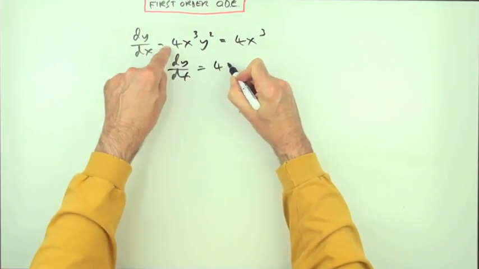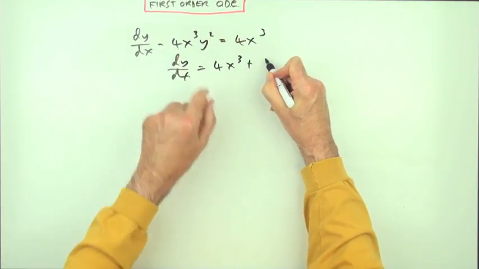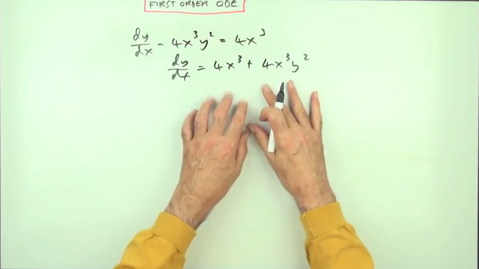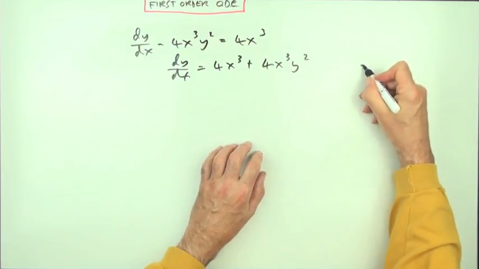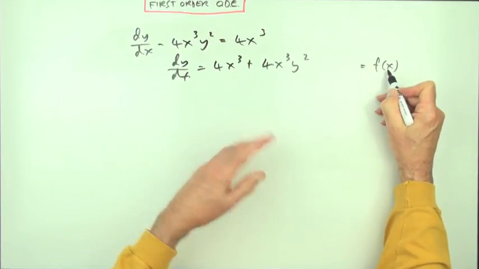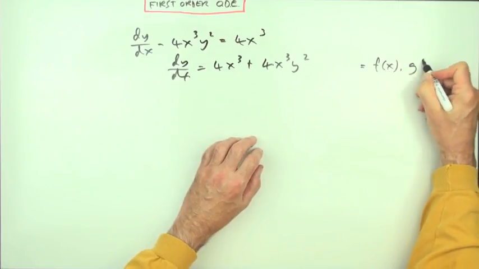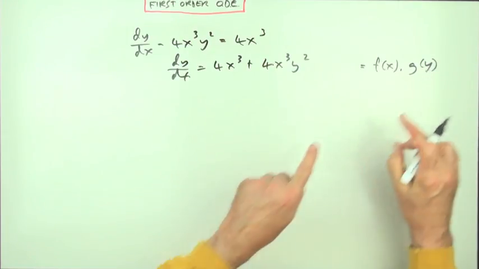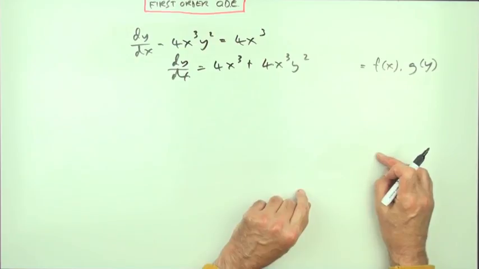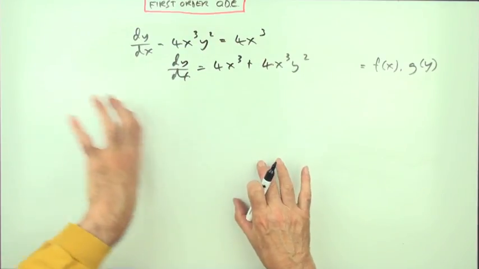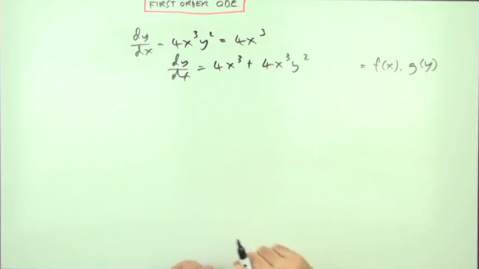So for instance, I could take that term over as plus 4x cubed y squared and form a factorization. Because if you can turn it into a factor that just involves x and constants times a factor that just involves y's and constants possibly, if you can separate them like that, then when you split your differentials, you can also split them and have one side for the y's and one side for the x's.